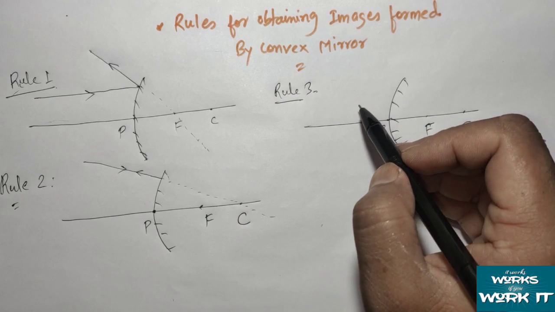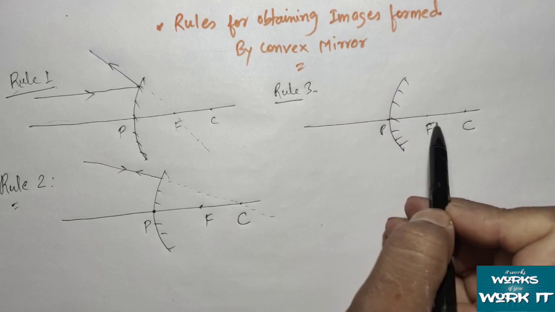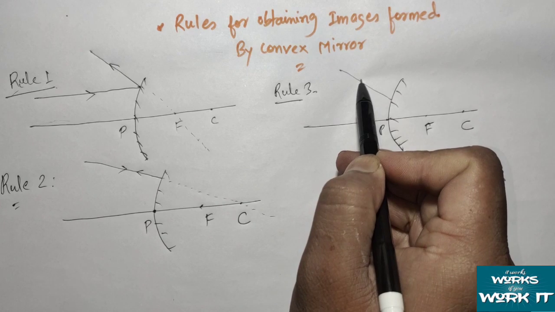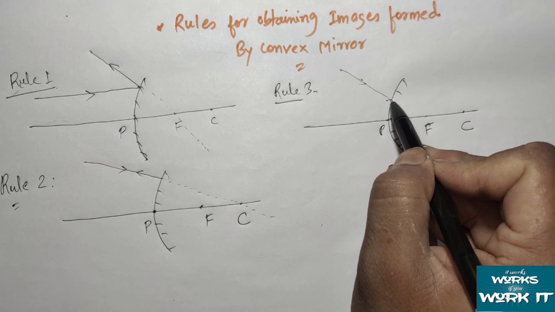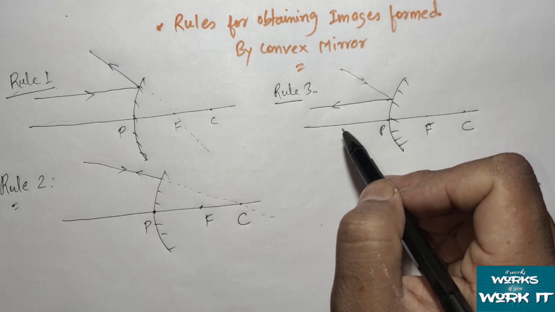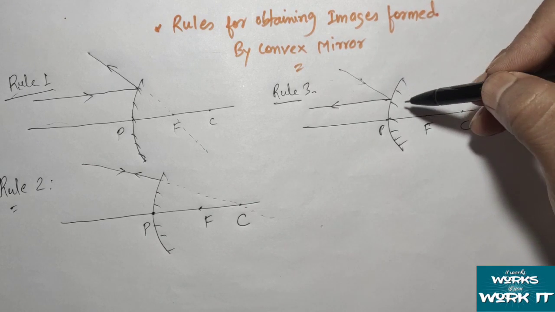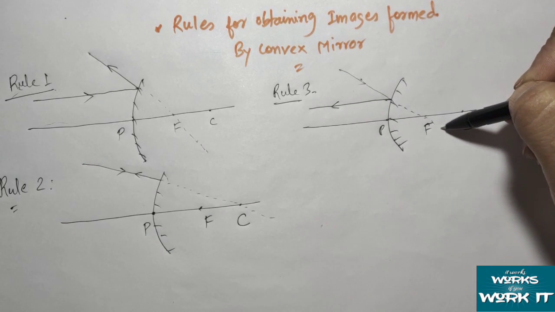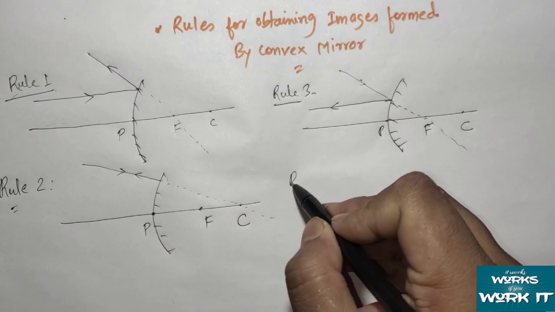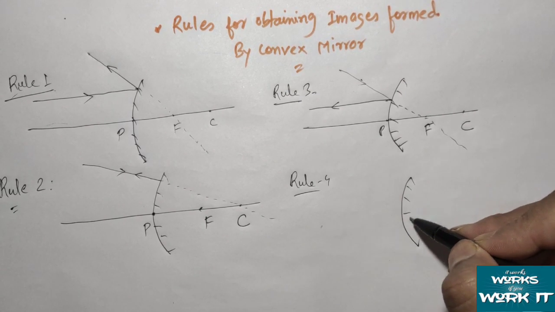When light rays go towards the focus, after reflection they go parallel to the principal axis. It becomes parallel to the principal axis, but what we see is that it appears to go from the principal focus.